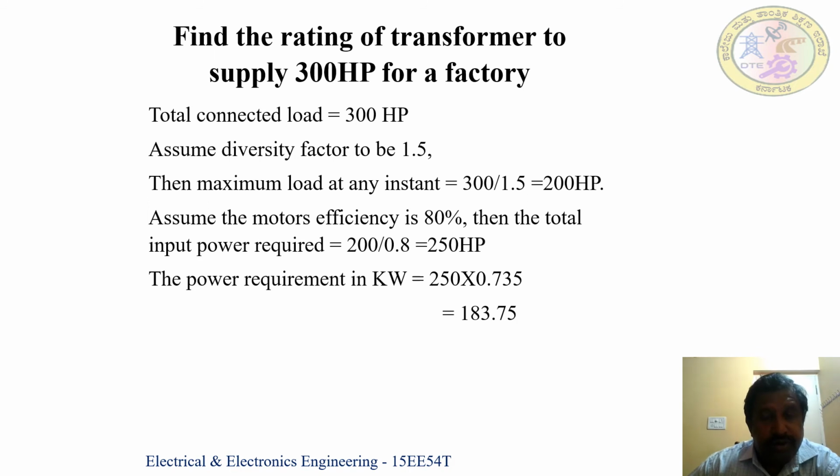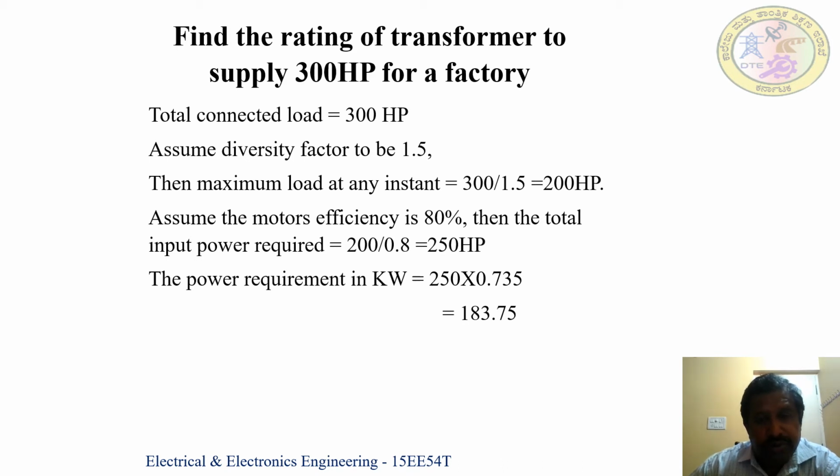Let us consider one more example. Find the rating of transformer to supply 300 HP for a factory. As I said earlier, 300 HP means that is the total connected load. So then we have to consider the diversity factor.